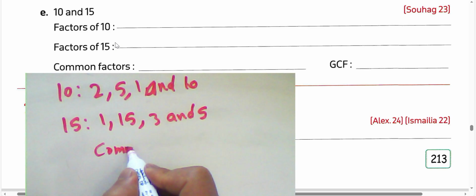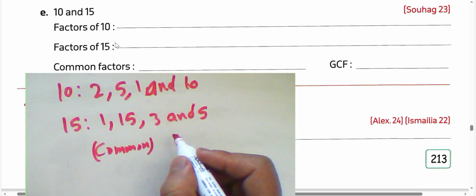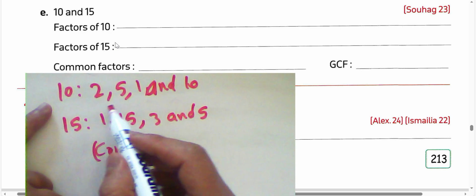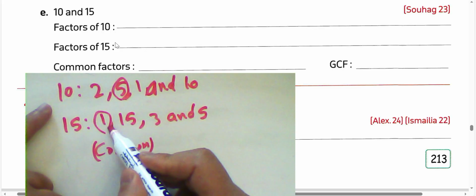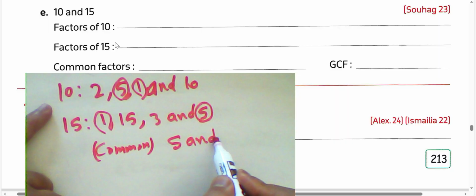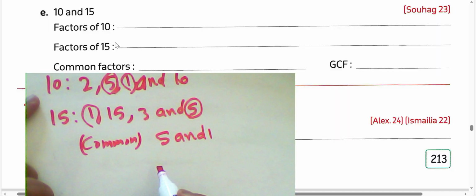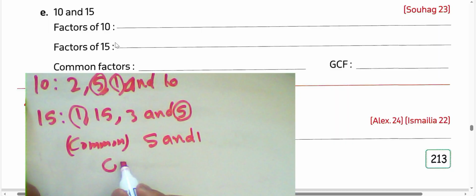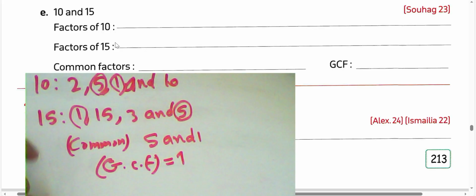The common factors between them are 5 and 1. Then the greatest common factor equals 1.